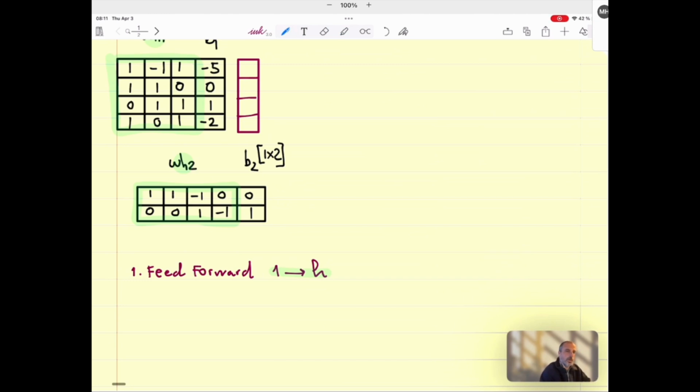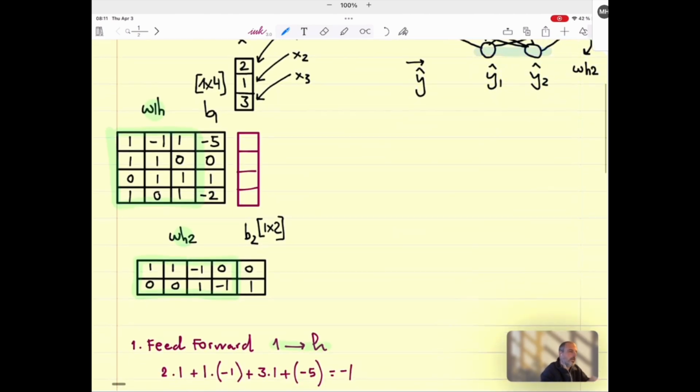So we go ahead and say 2 times 1 plus 1 times minus 1 plus 3 times 1 plus minus 5. And doing this you can do with your head, okay? So again, 2 times 1, 1 times minus 1, 3 times 1 plus minus 5. All right?